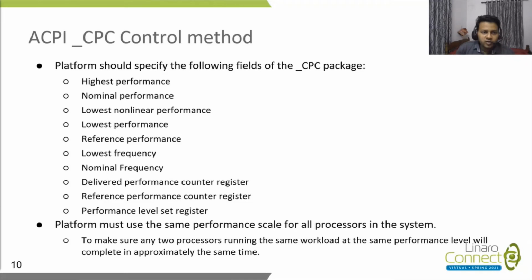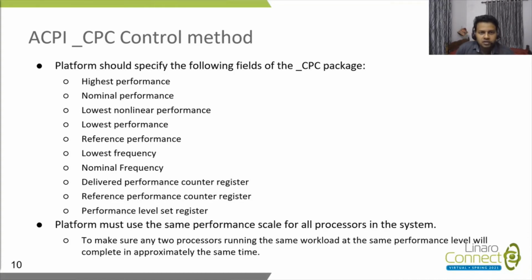These fields should be specified as integer values, and the delivered performance counter and the reference performance counter should be implemented as fixed feature hardware, and the performance level set register, or the fast channel protocol, should be implemented as system memory. So these are the required fields for the ACPI CPC package.